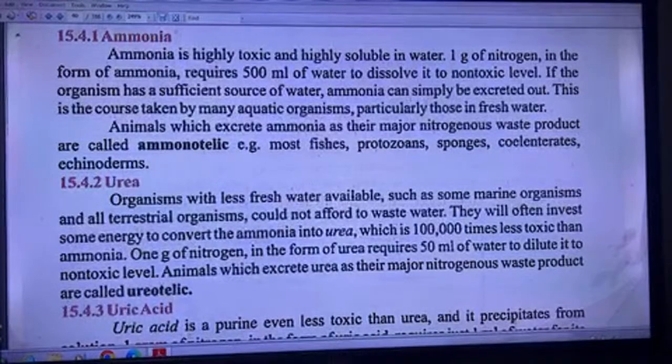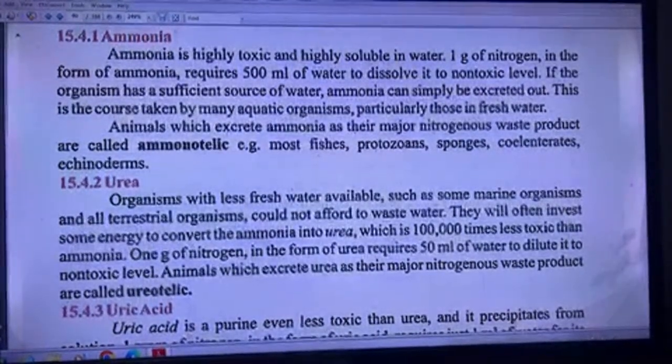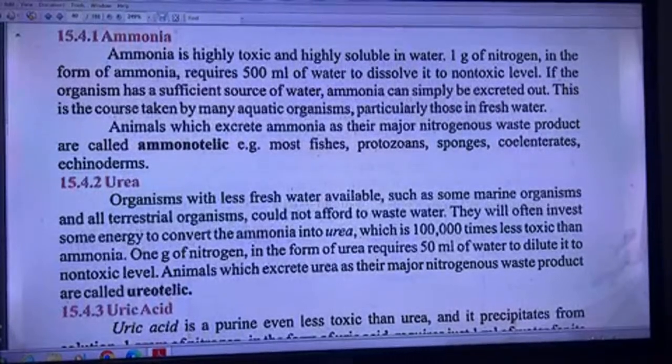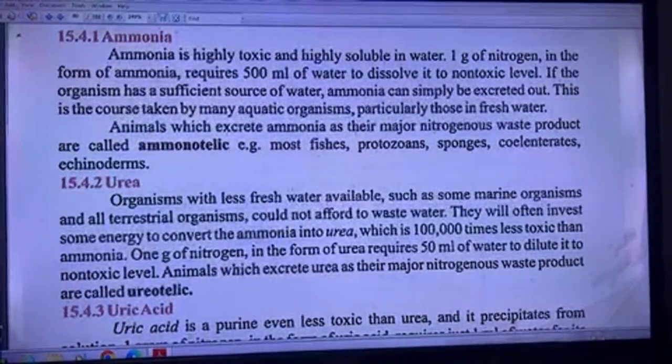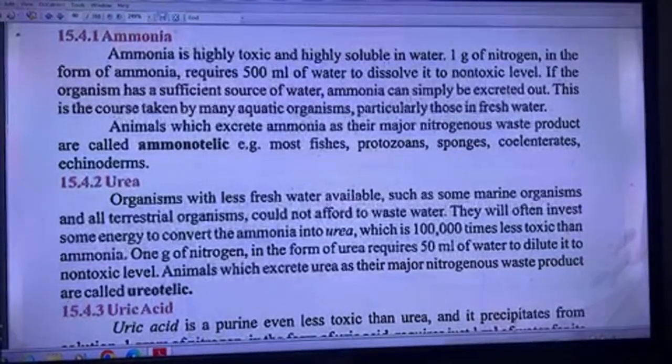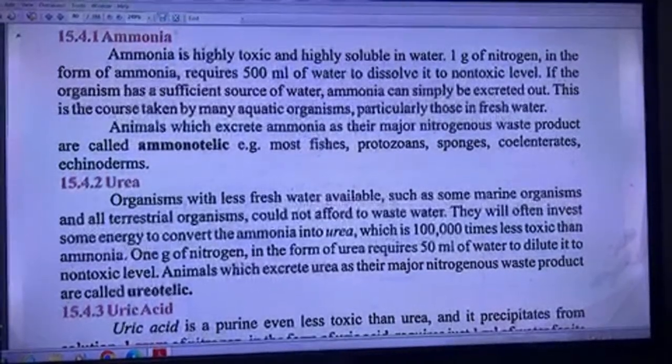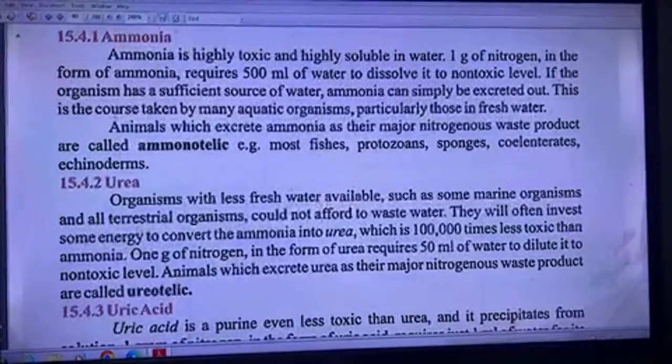This is the course taken by many aquatic organisms, particularly those in freshwater. Animals which excrete ammonia as their major nitrogenous waste product are called ammonotelic. For example, most fishes, protozoans, sponges, cnidarians, and echinoderms.